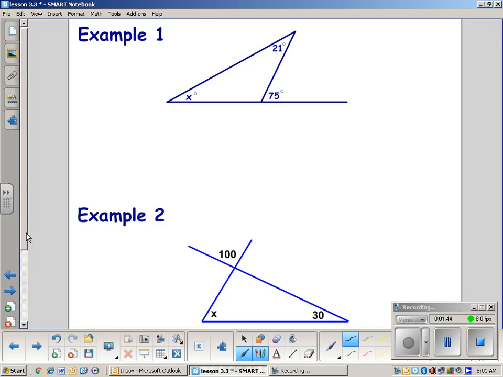And what's our exterior angle? 75. And so that rule we just learned says what? Nice. X plus 21 equals 75. Minus 21. Good. So x equals 54.